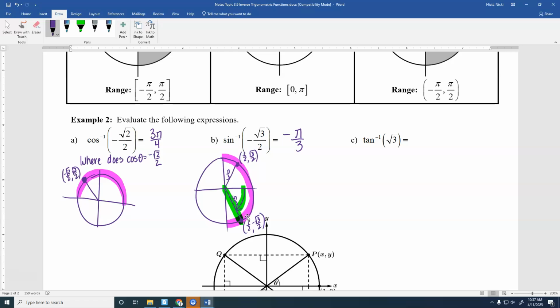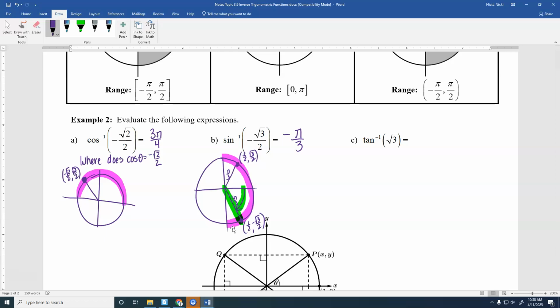So is the negative angle just the other possibility of the answer? Do you mean like it corresponds to the pi over 3 up in the first quadrant? Yeah, because it's that same distance away, but it's in the clockwise direction. Yes.